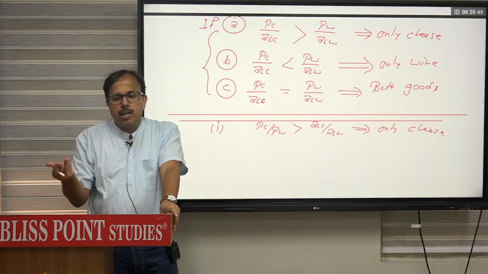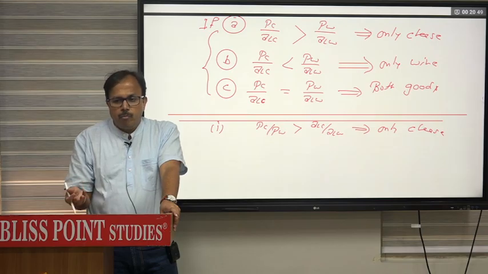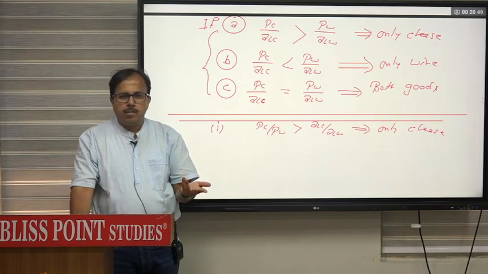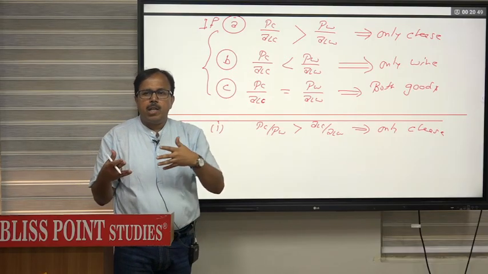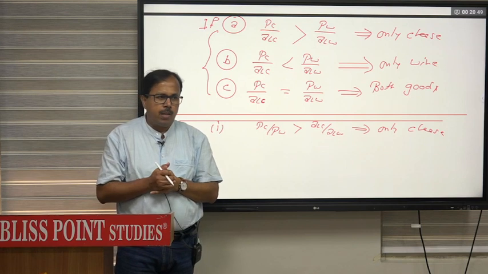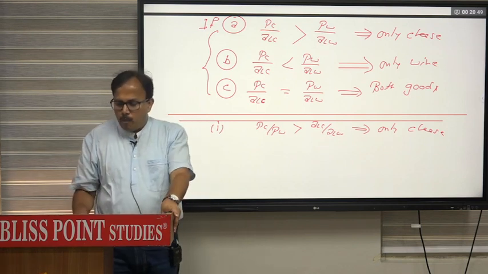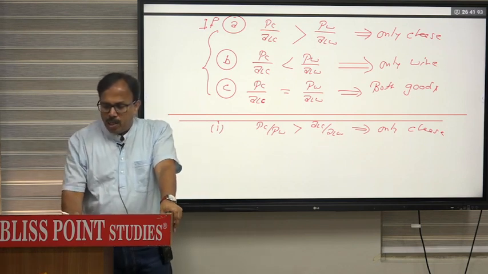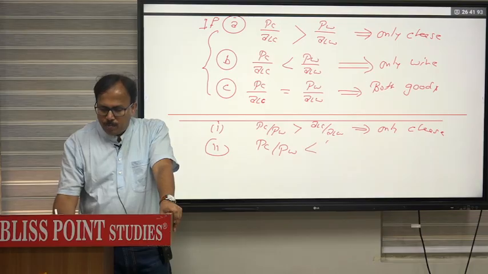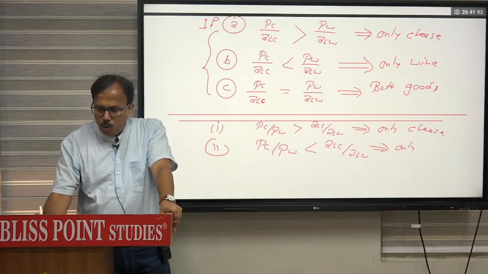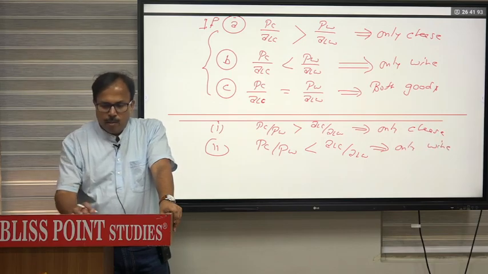But ये हमने कहाँ से derive किया है? Derive तो wage से किया directly. These numbers are basically wages, और वो डिटरमाइन करेगा कि लेबर किस इंडस्ट्री में प्रेफर करता है वर्क करना. सो ये PC अपॉन PW इज ग्रेटर देन ALC by ALW, देन कंट्री विल प्रोड्यूस ओनली चीज. एंड सेकंड केस, PC by PW इज लेस देन ALC by ALW, in that case country will produce only wine.